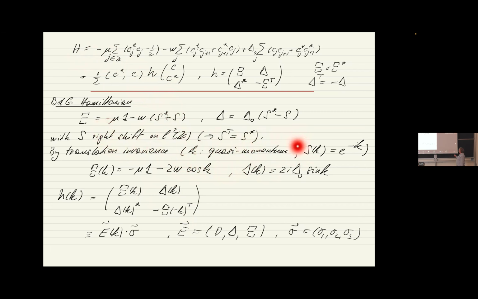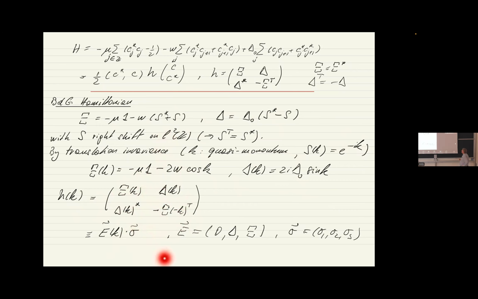So the right shift on a wave function with quasi-momentum k just acts as e to the minus ik. And so you just introduce this into the psi and the delta to get the corresponding fibers, and there you go. This essentially becomes a cosine, and this becomes a sine with a factor, so the Hamiltonian fibers like that.